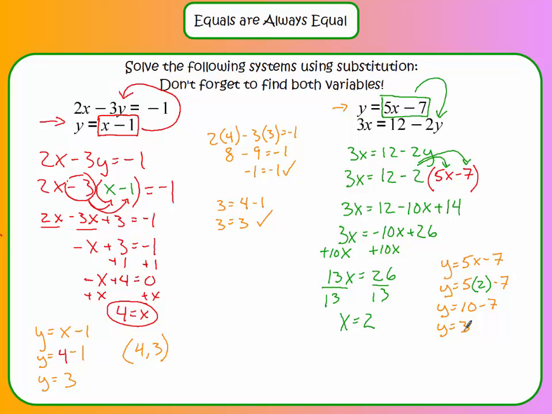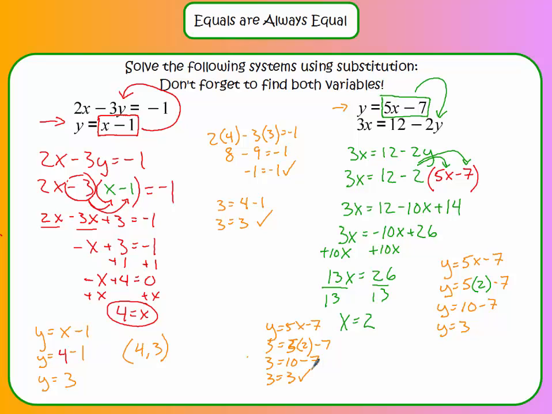I can check that by plugging 2 and 3 in for one of the equations. Let me start with the first one. y equals 5x minus 7. So it's going to say 3 equals 5 times 2, minus 7. So 3 equals 10 minus 7, so 3 equals 3.